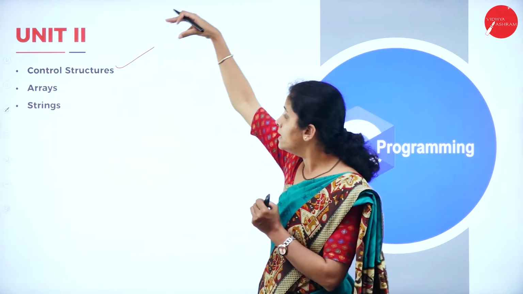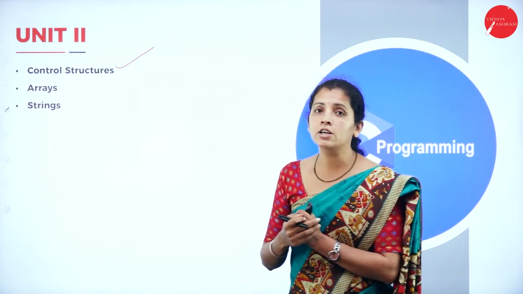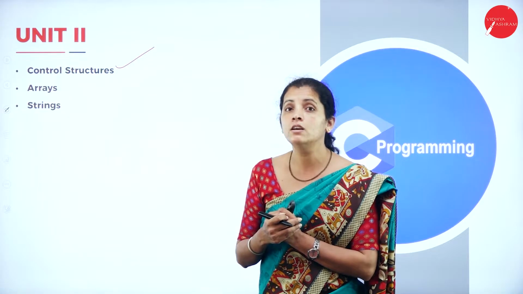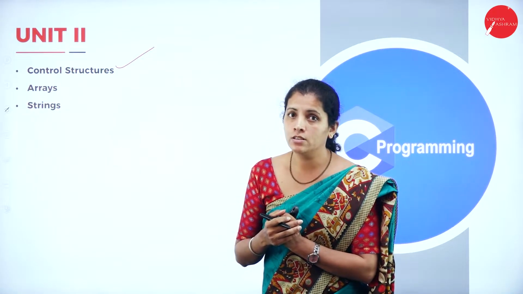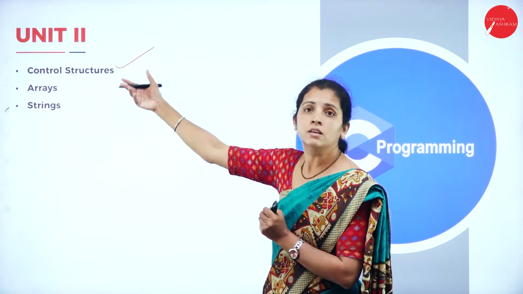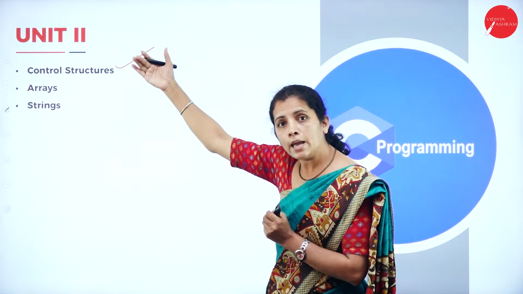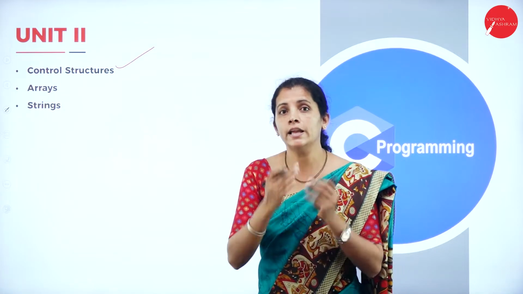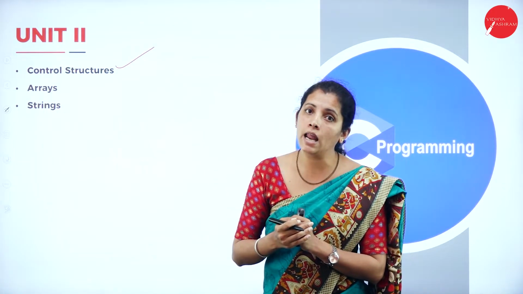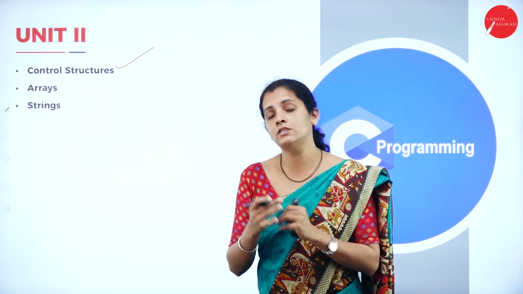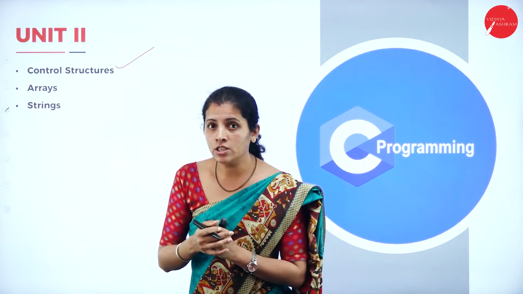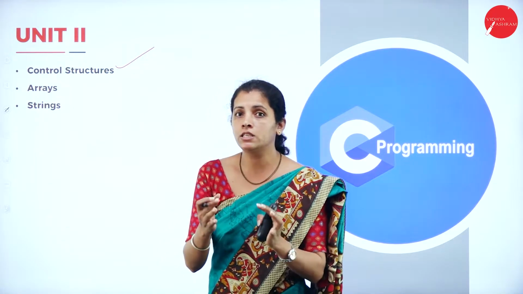When I talk about control structure, there are 2 types, that is selection as well as iteration. In the selection structure, I have the if statement, if else statement, if else if statement, along with the nested if statement, as well as multiple selection, that is the switch statement.